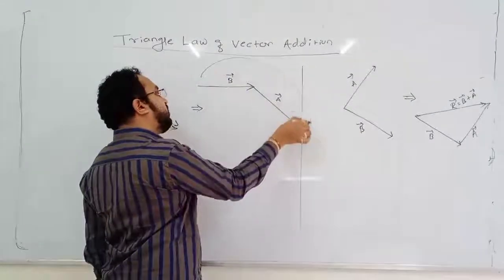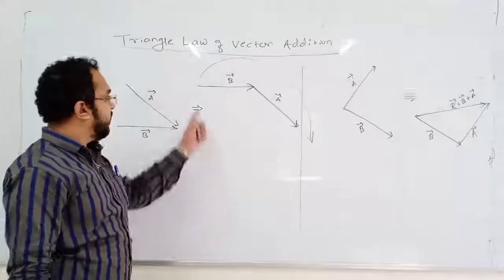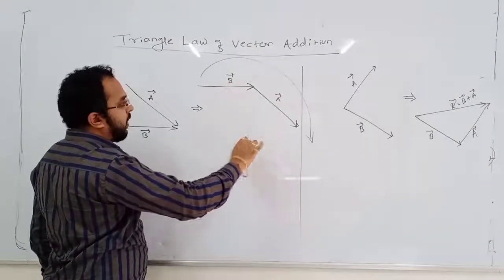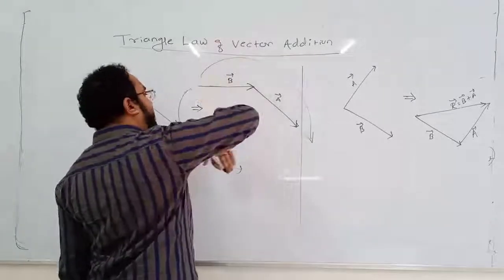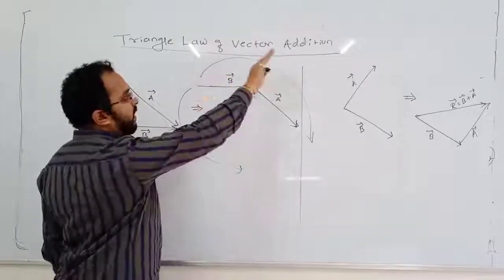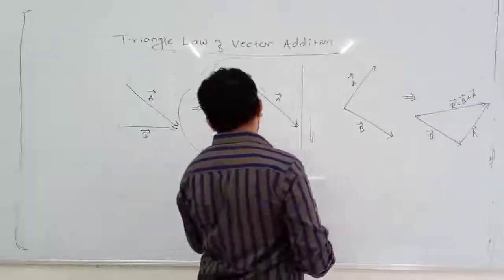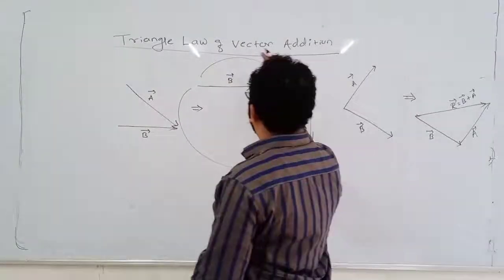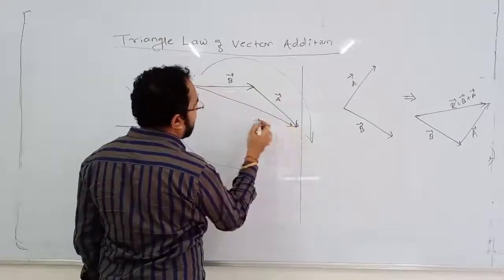In which orientation? Clockwise, the direction of the clock. So the resultant will be anti-clockwise. These are clockwise, as a clock moves, so the resultant will be anti-clockwise, opposite to the clock. So this will be the resultant completing the third side.